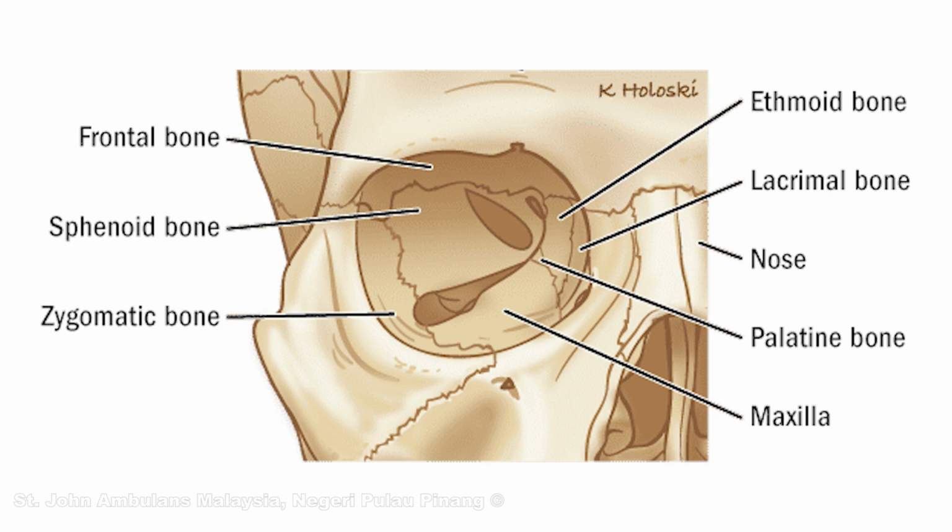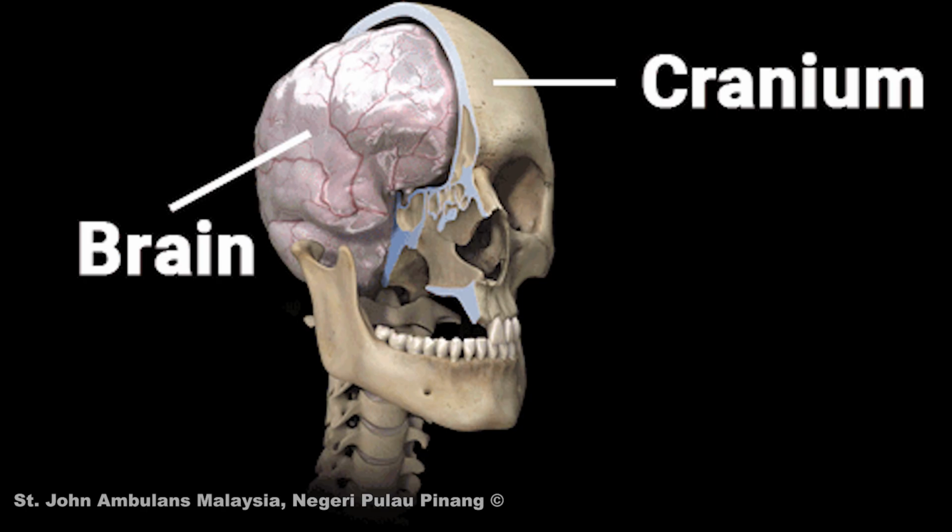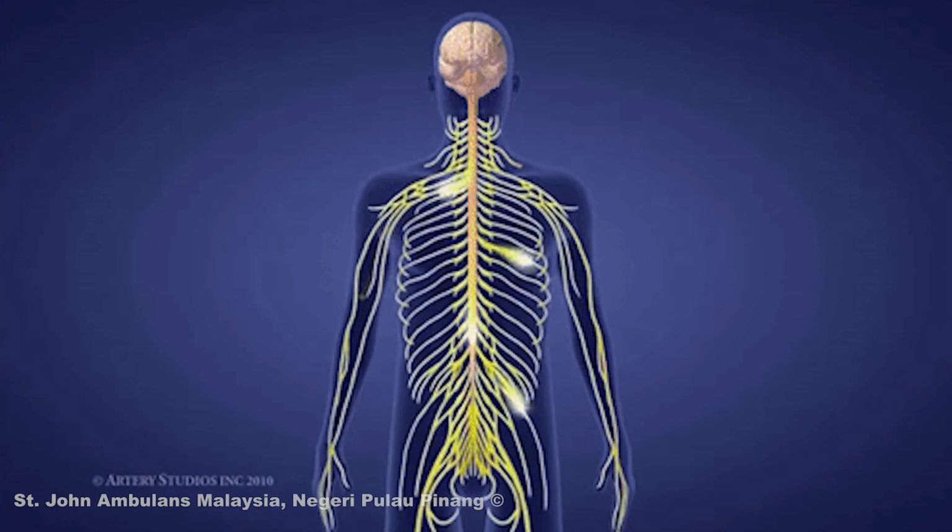It consists also of multiple bones that form the eye socket, the nasal bone, and the jaw bone as well. The skull protects our brain, and the brain is protected and supported by the cranium, and it travels along the spinal cord towards the upper limb and the lower limb.